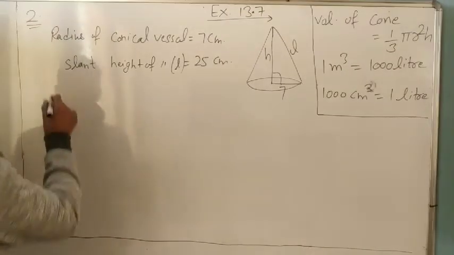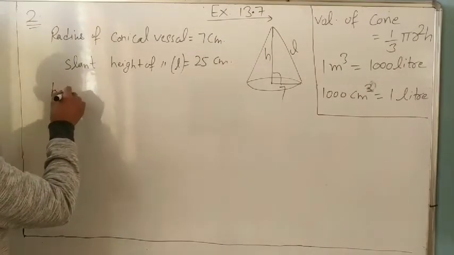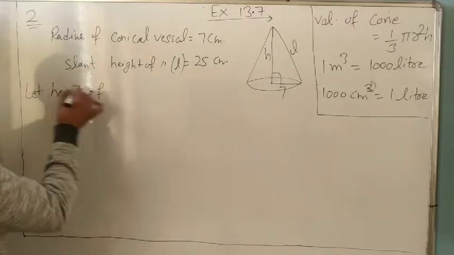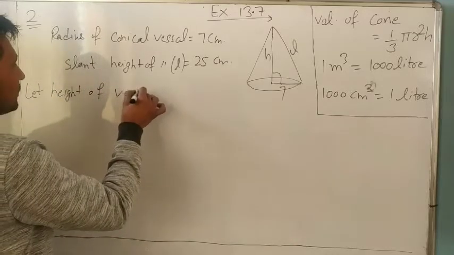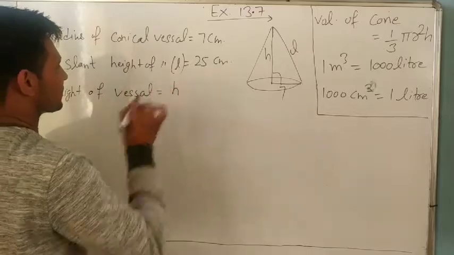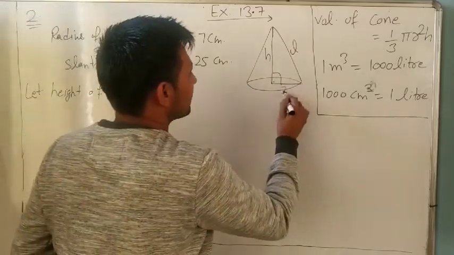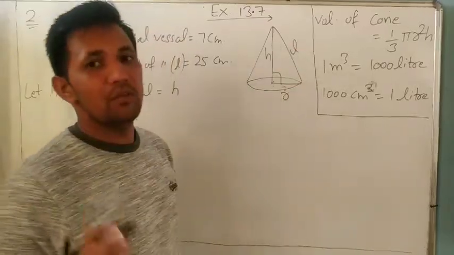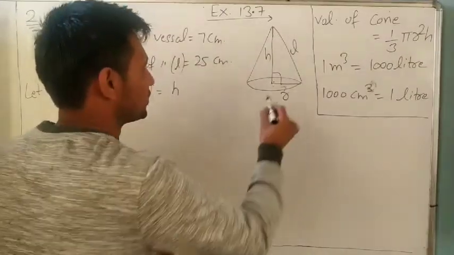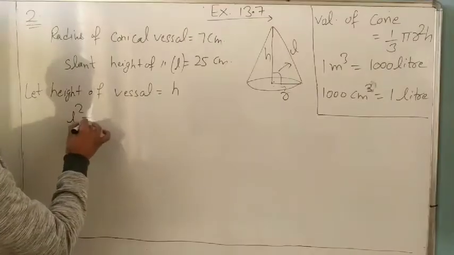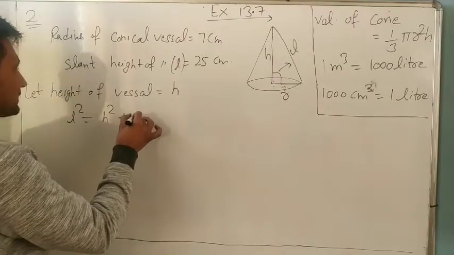So we will write height of vessel is h. Always remember opposite of 90 degrees, we will use Pythagoras theorem. Opposite of 90 is hypotenuse. So hypotenuse L square equal to h square plus r square.